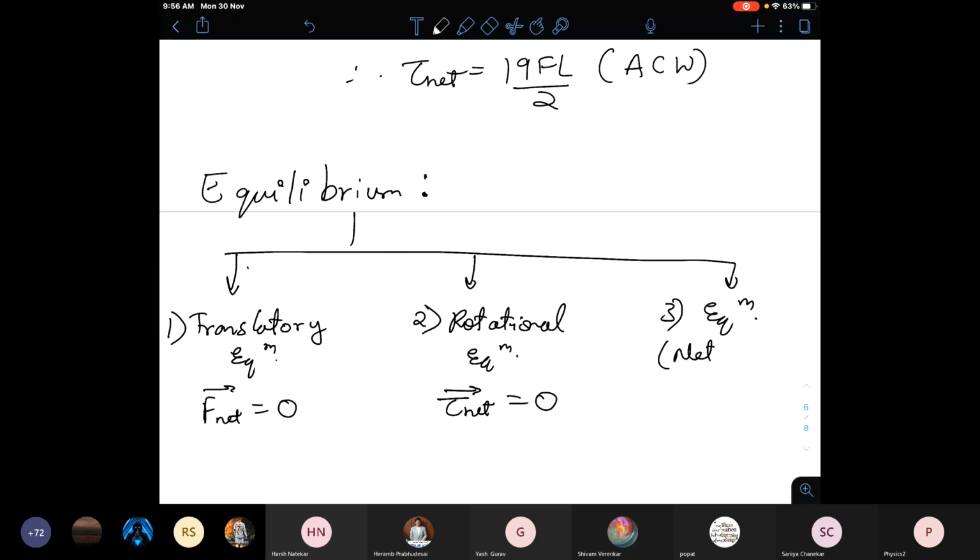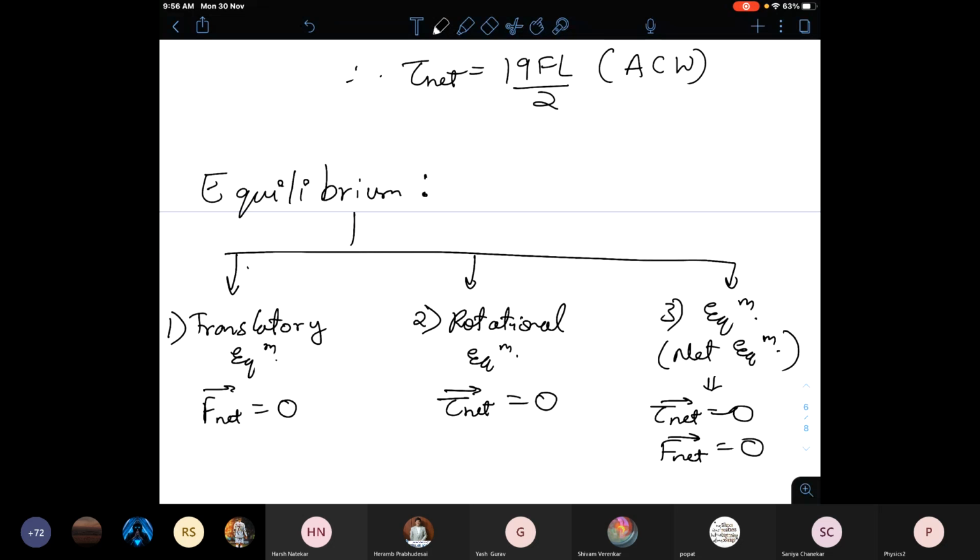If somewhere it is written only as equilibrium, you have to understand that it is net equilibrium. What do you mean by net equilibrium? That both torque as well as F net is zero. When both the values are equal to zero, it is called total or net equilibrium, or simply equilibrium.